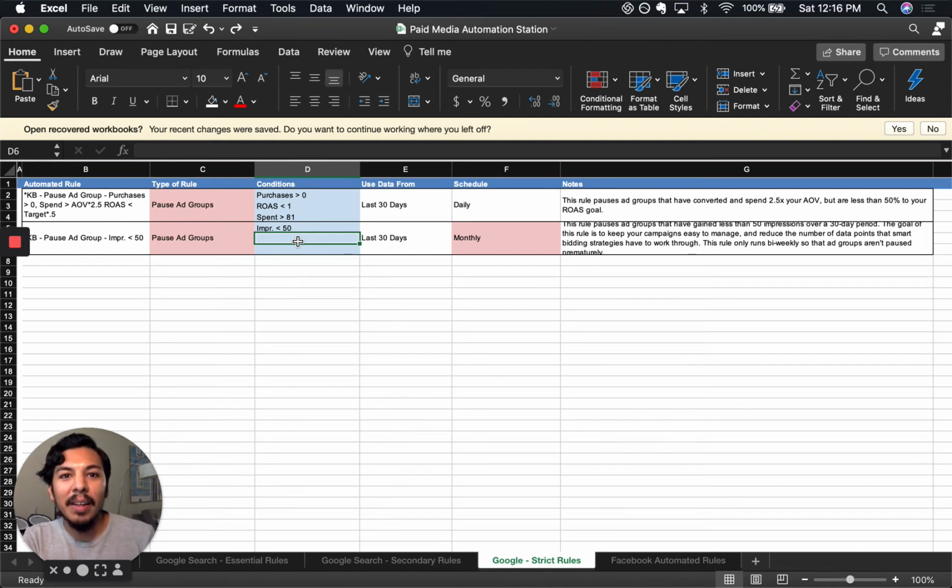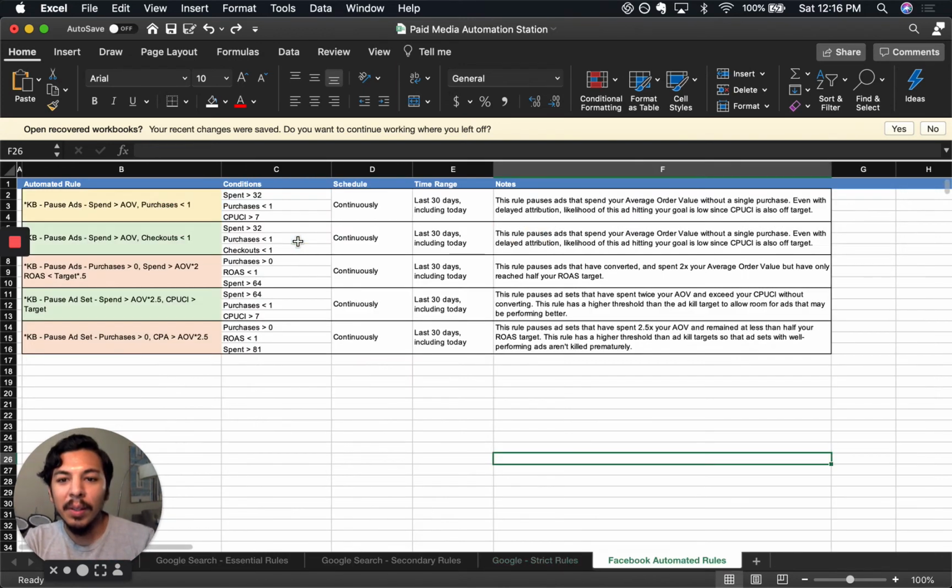The idea is that it'll act a little more effectively if it's only concentrating on the top 10, 20% of ad groups and keywords that are generating the bulk of your conversions for you. So those are all the rules that we have here for Google.